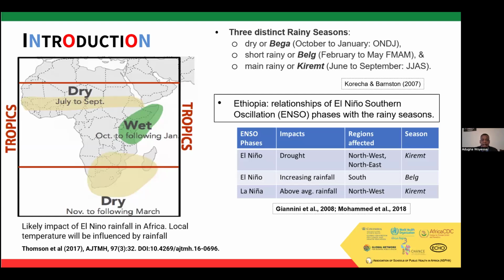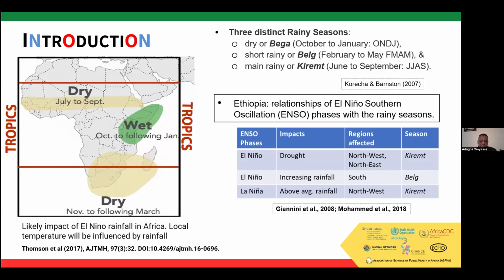When we take how the El Nino Southern Oscillation, or the three phases of ENSO, affect Ethiopia's climate, if you take El Nino, the impact is drought, mainly in northwestern and northeastern Ethiopia during the main rainy season.